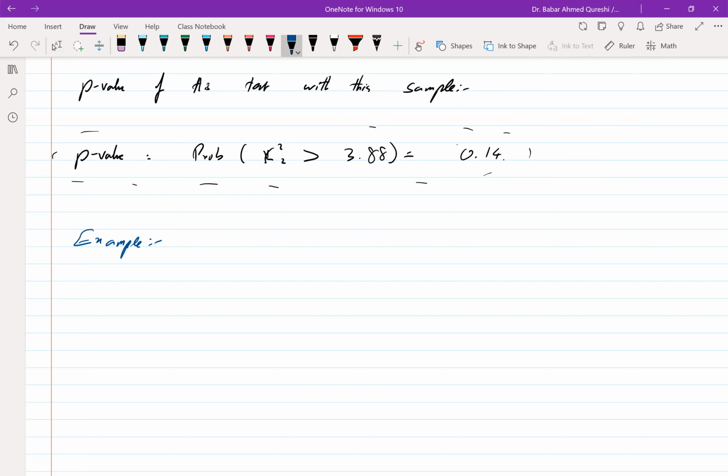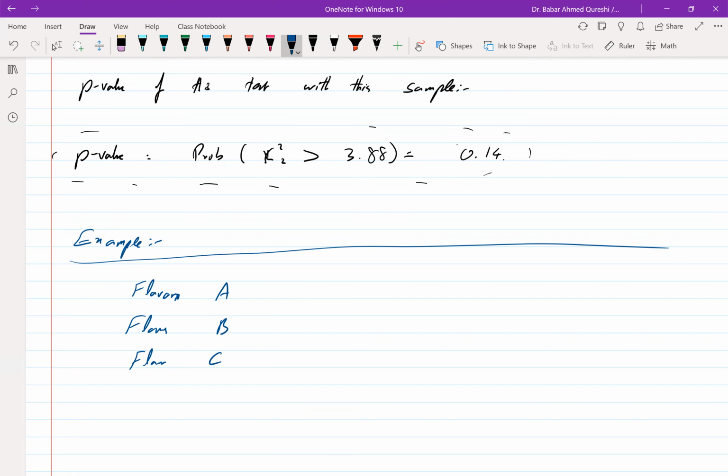So suppose there is some product and they have different flavors: flavor A, flavor B, and flavor C and D. So there's a company which sells these 4 different flavors of a product. Let's say it's a yogurt.